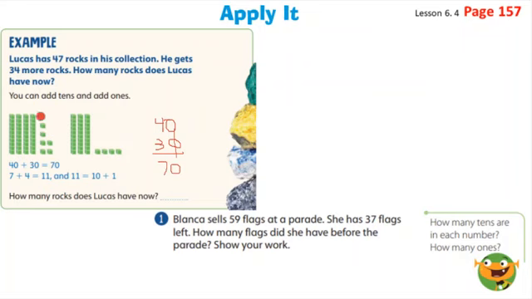I have 7 ones here and 4 ones over here. 7 plus 4, you can count on, or you can make a 10. It's 7 plus 3, and since we have 4 there, we have to add another 1.